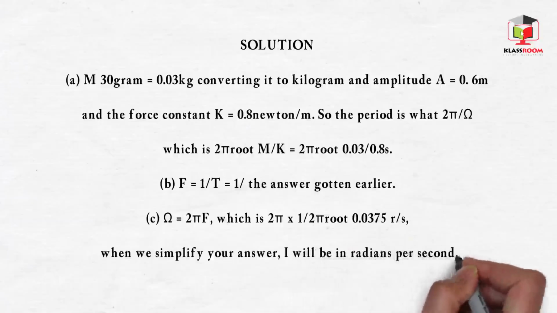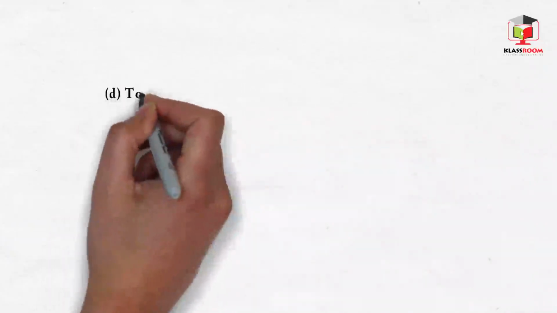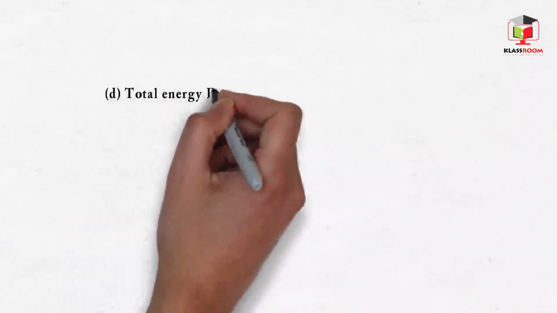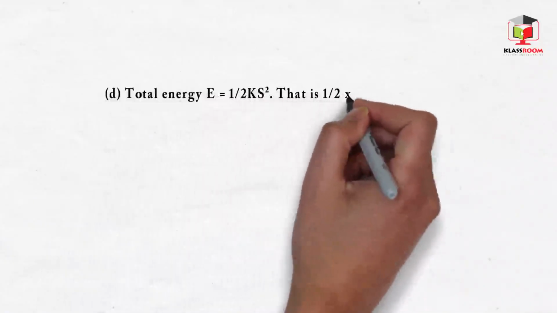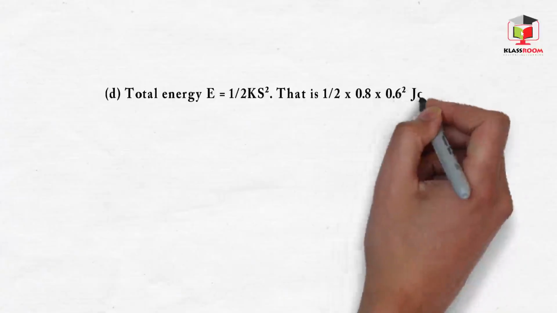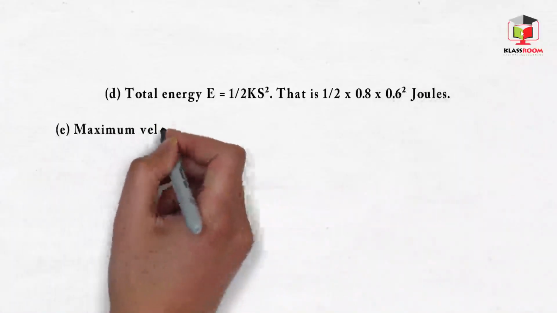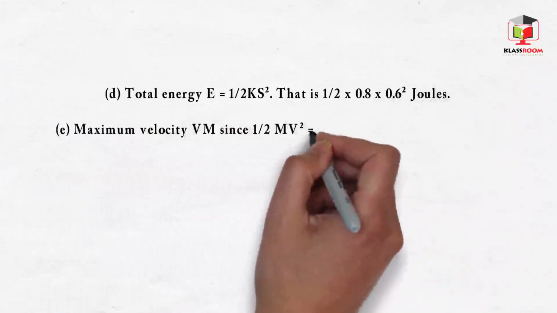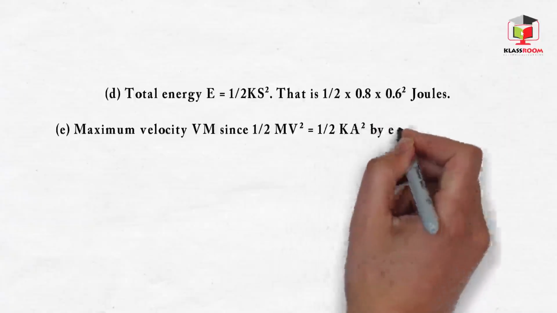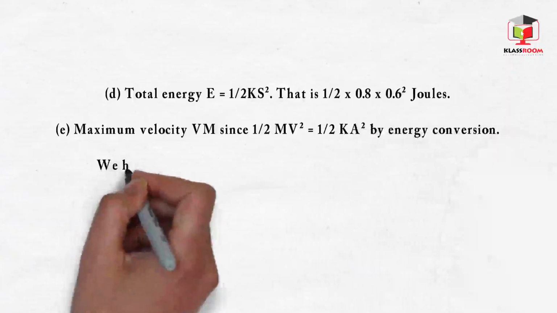(d) Total energy E equals 1 over 2 k a squared. That is 1 over 2 times 0.8 times 0.6 squared joules. (e) Maximum velocity v m. Since half m v squared equals half k a squared, by energy conservation, we have v m equal to root 0.8 times 0.6 squared over 0.03 meters per second.